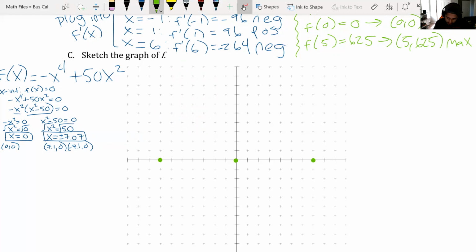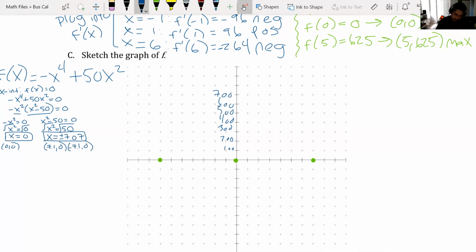And now I'm going to plot my max and mins. I believe above says -5 and 625. So let me mark up my y-axis: 100, 200, 300, 400, 500, 600, 700.